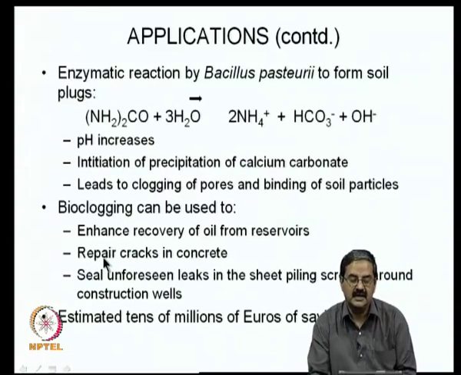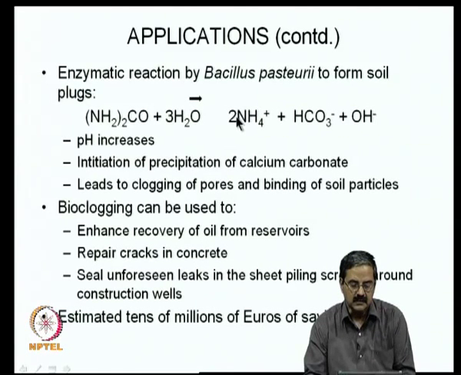A typical application, say for example, one should understand the enzymatic reactions, for example, using Bacillus pasteurii to form a soil plug. A soil plug leads to reduction of permeability.